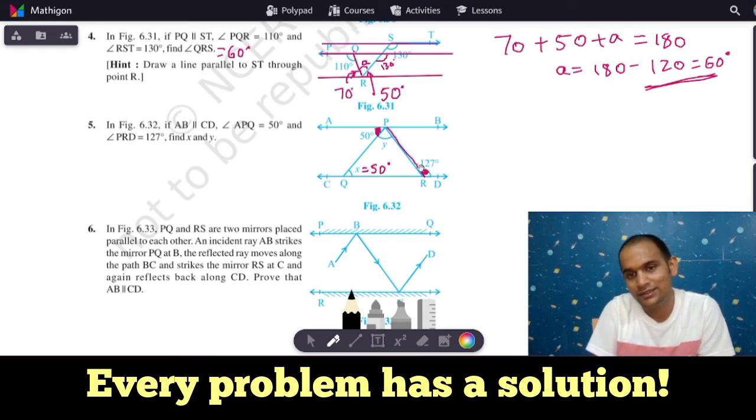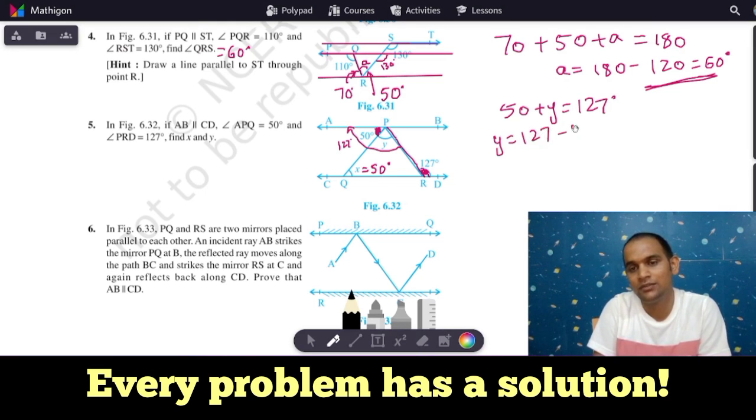So this 127 degrees has an alternate interior angle of 127 degrees. So as you can observe, 50 plus y is nothing but 127 degrees. So y will be 127 minus 50 degrees, which equals 77 degrees. So x equals 50 and y equals 77 degrees.